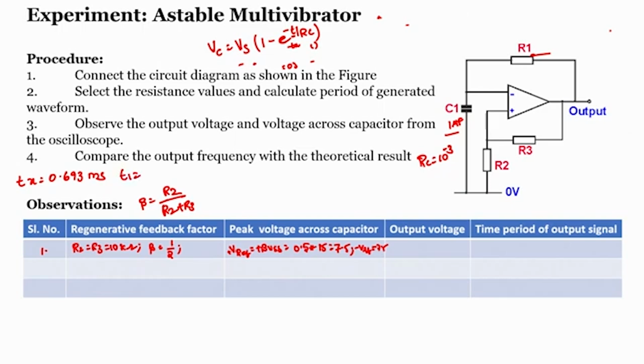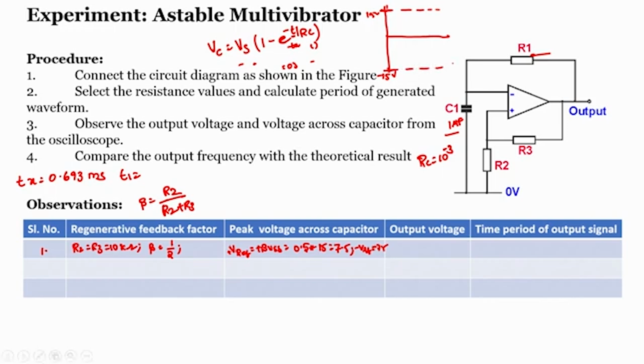If you want to understand the value of T1 theoretically, we have to understand the charging circuit again. In this case the charging is not happening from 0, it is happening from minus 15 volts. I will draw here: this is minus 15 and this is plus 15 volts.